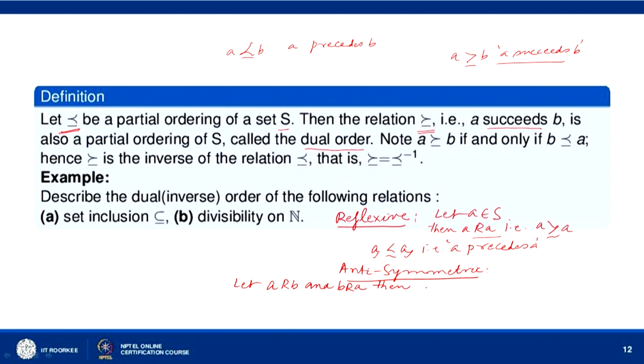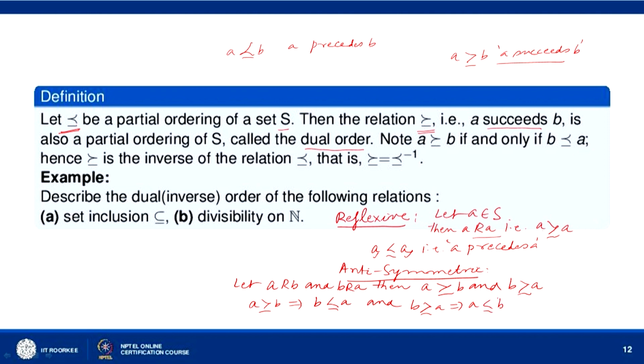A is related to B means A succeeds B, and B succeeds A. Now, A succeeds B means B precedes A, and B succeeds A implies A precedes B.